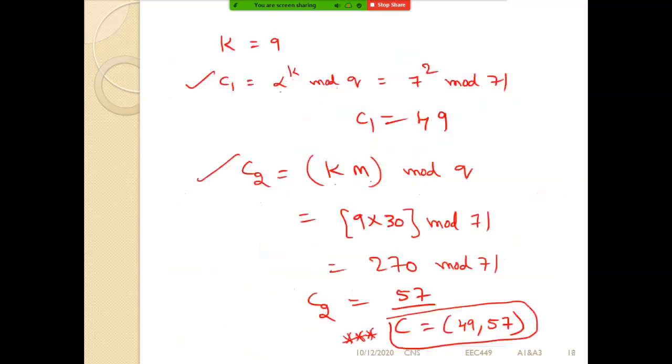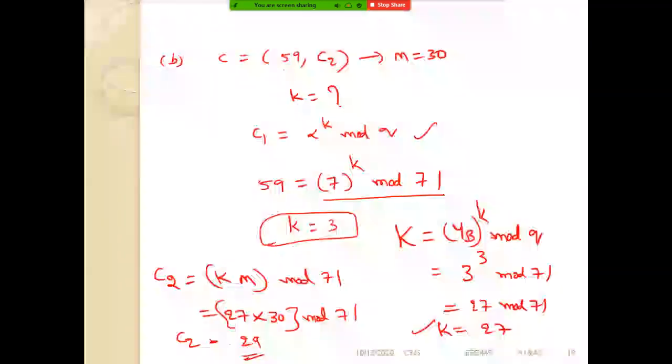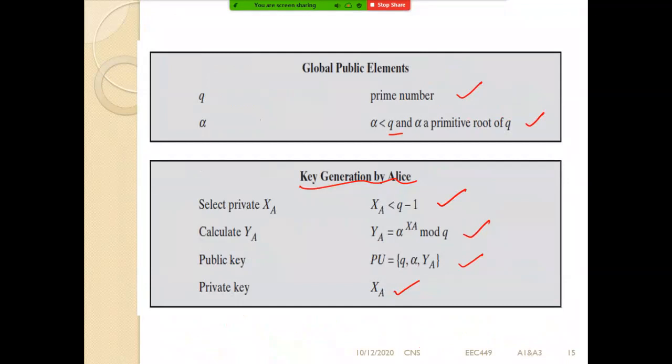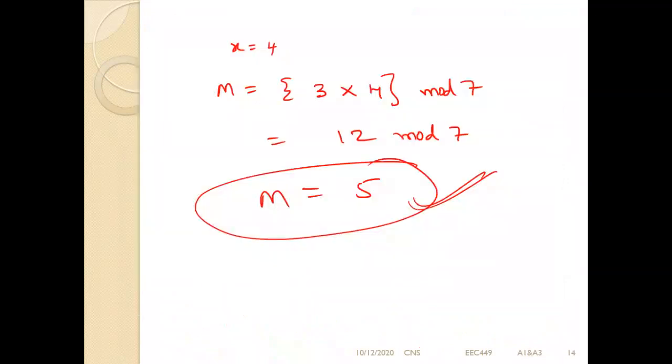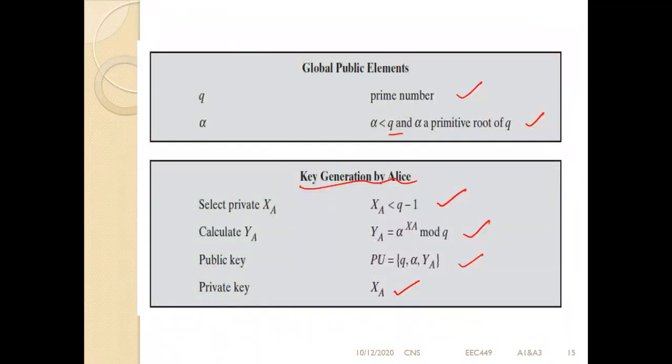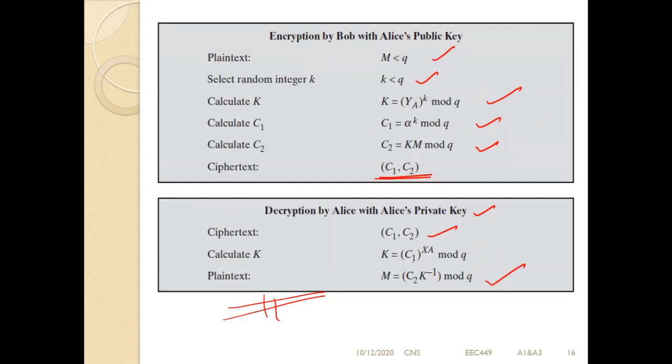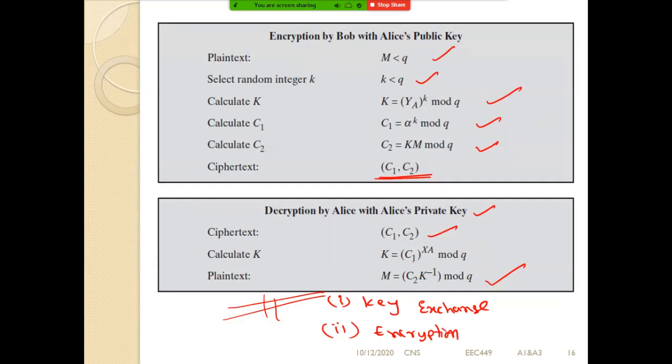So any questions on this ElGamal cryptographic or encryption process? There are multiple operations here, so please remember that. One is key exchange, another is encryption also. The two are performed simultaneously.